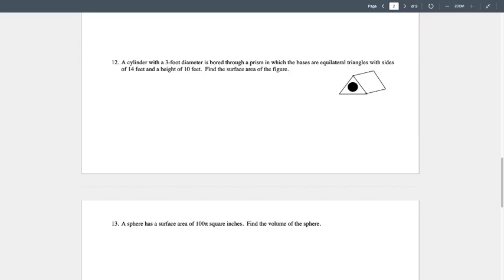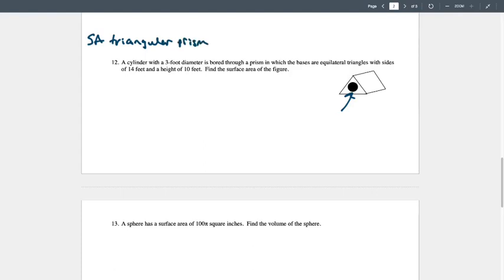If you think about this, you have the outside surface, which you calculate normally, but through this is a hole inside of that shape. When you drill through that, you still have surface area inside that hole. So when we calculate this, we're going to be doing the surface area of the triangular prism.